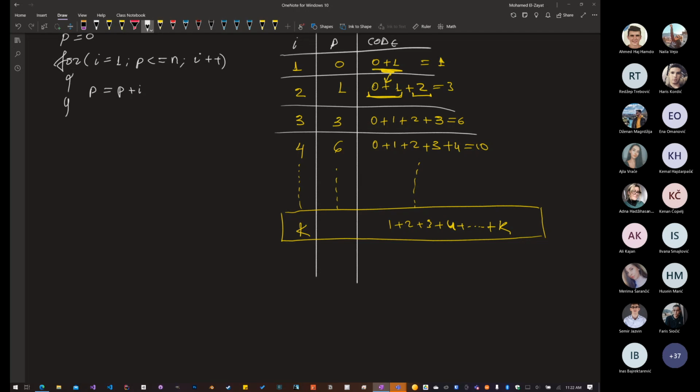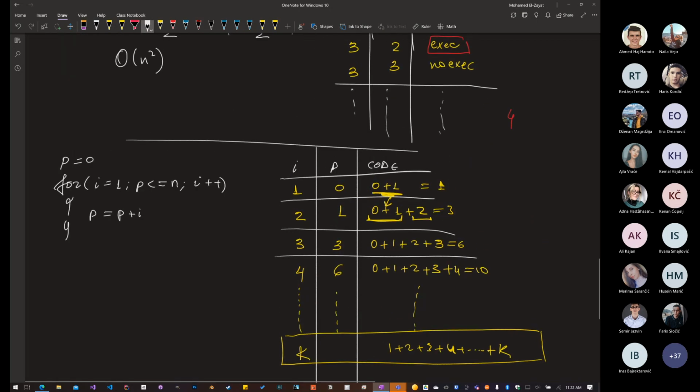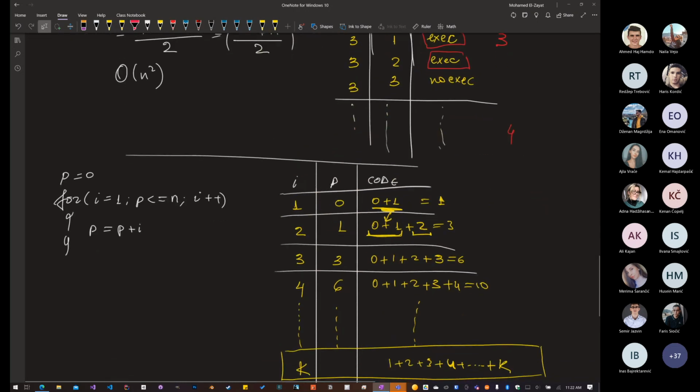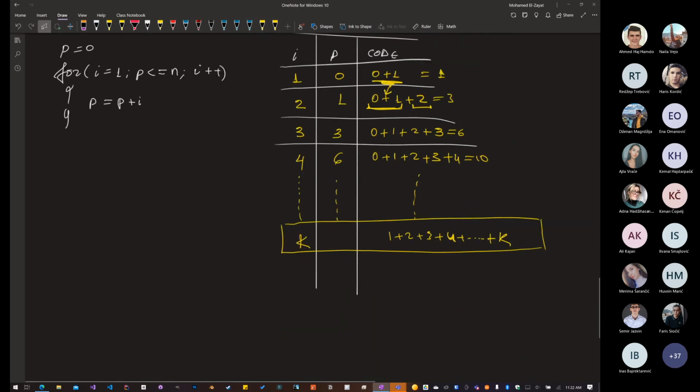When you think about it, we said some time before that P, as in the code execution, is again the sum of the natural numbers. So 0 plus 1 plus 2 plus 3 plus 4 and so on is the sum of the natural numbers, which we have covered upstairs here. So it's going to be like mathematical induction again. So k squared is going to be the answer in the end?